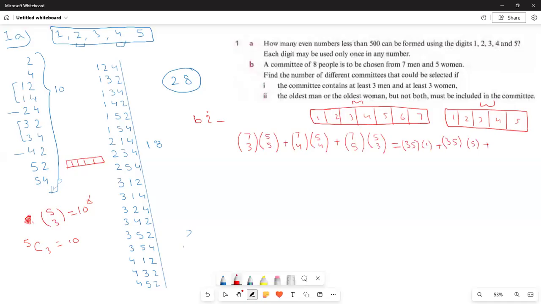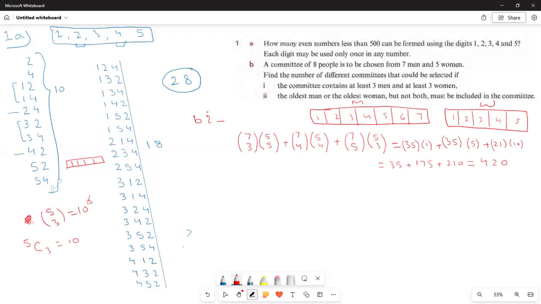And lastly, 7 combination 5 is 21. And 5 combination 3 is 10. So this is 35 times 1 is 35, plus 5 times 35 is 175. And this is 210. And this all comes out to be 420. So 420 different committees can be formed.